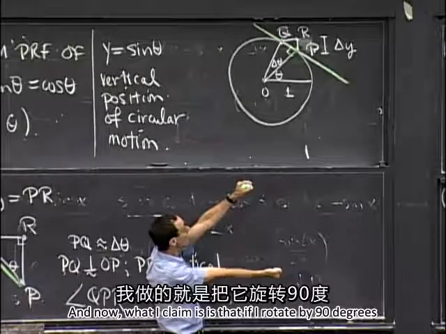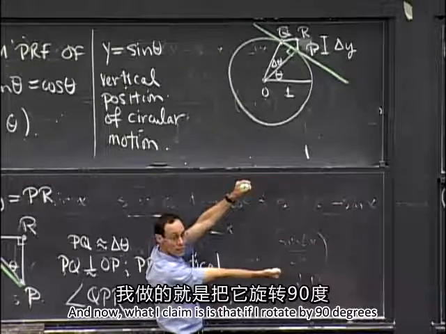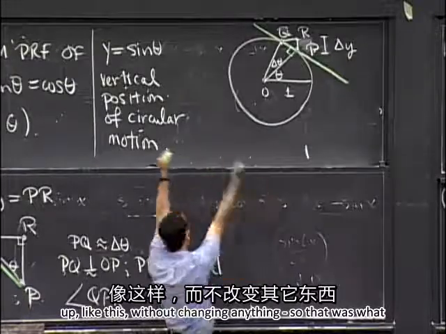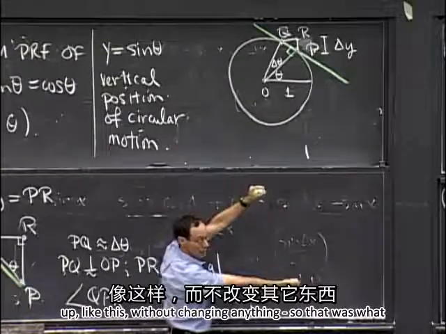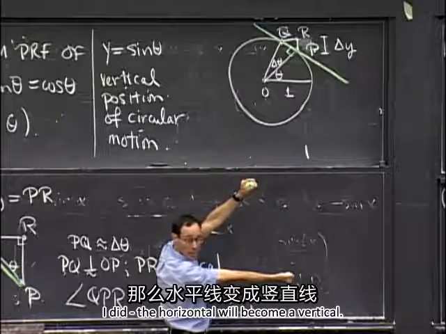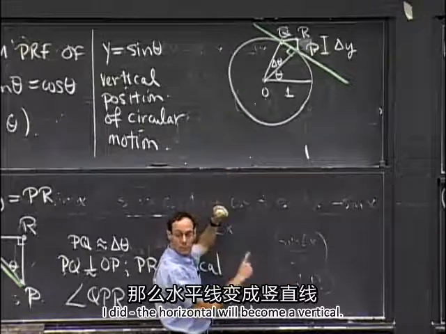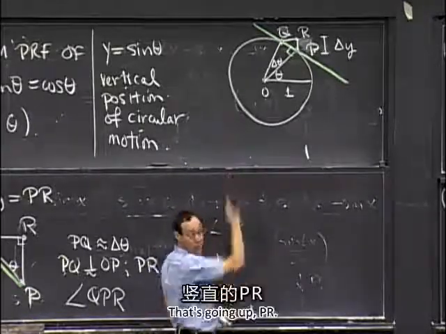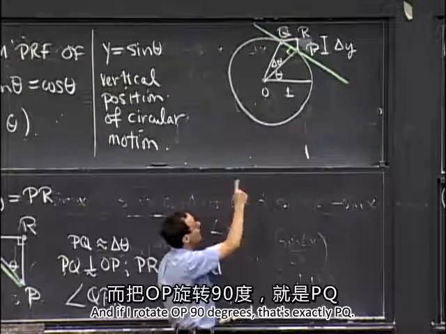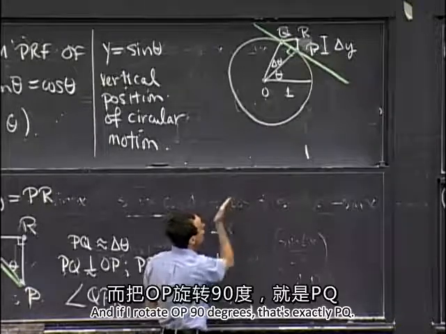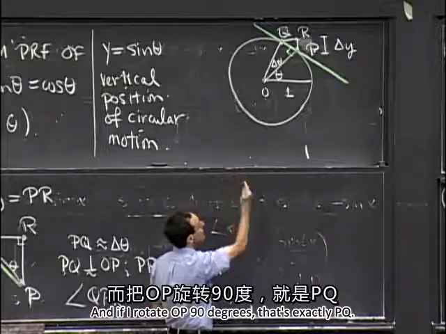And now what I claim is that if I rotate by 90 degrees up, like this, without changing anything, the horizontal will become a vertical. That's PR, that's going up, PR. And if I rotate OP 90 degrees, that's exactly PQ.